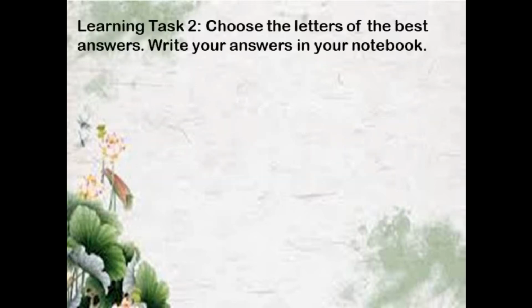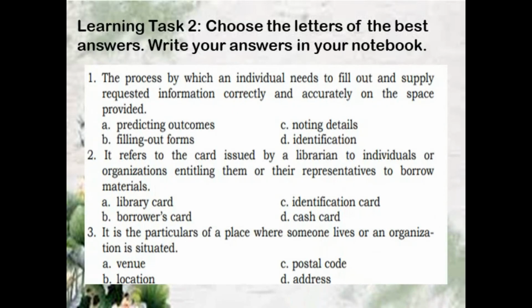Learning Task 2. Choose the letters of the best answers. Write your answers in your notebook. I will give answer in number 1. The process by which an individual needs to fill out and supply requested information correctly and accurately on the space provided.